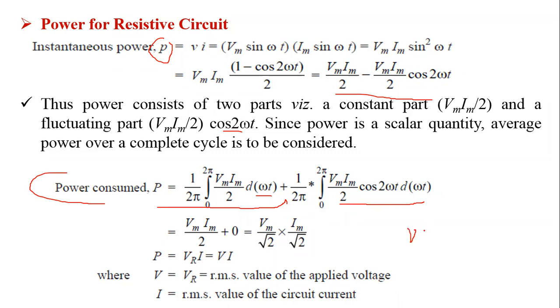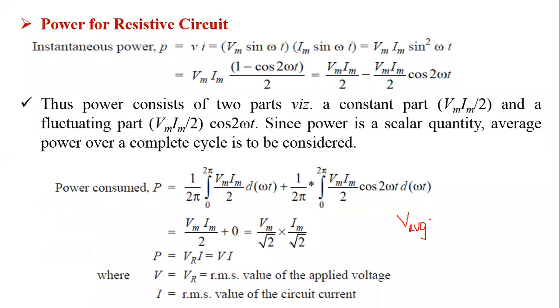Suppose I am writing for V average, then it is 1 upon 2 pi integration 0 to 2 pi, or you can write 1 upon T integration 0 to T. If V is there, then you can write the instantaneous value of voltage into dt.